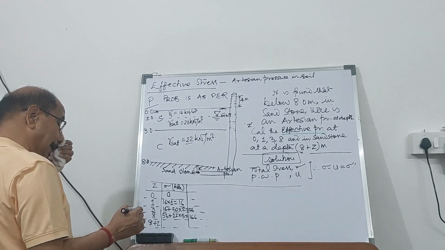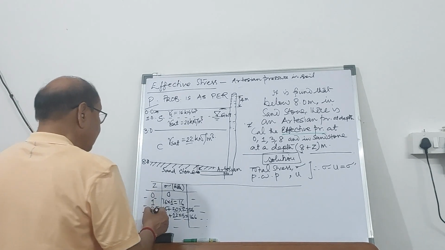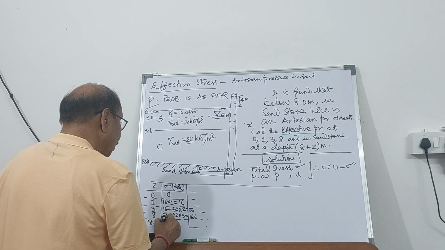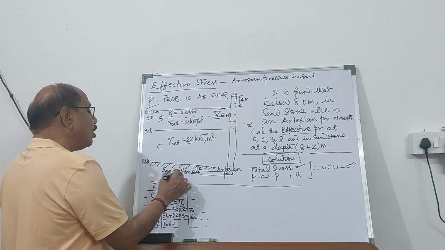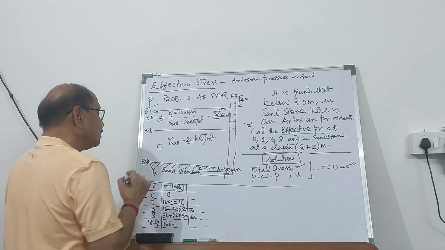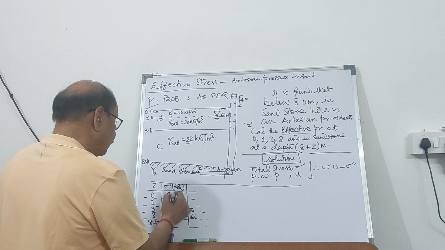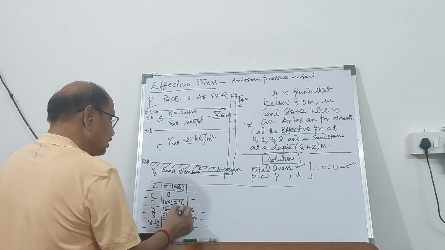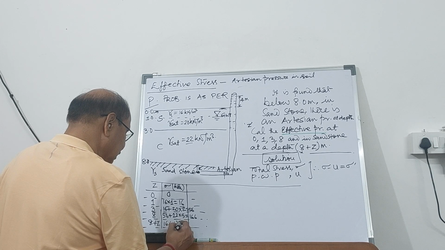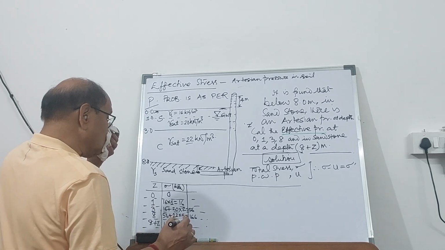And at 8 plus z, it is already 166. Let's say the unit weight of sandstone is gamma s. So for this depth z, it will be gamma sandstone multiplied by z.